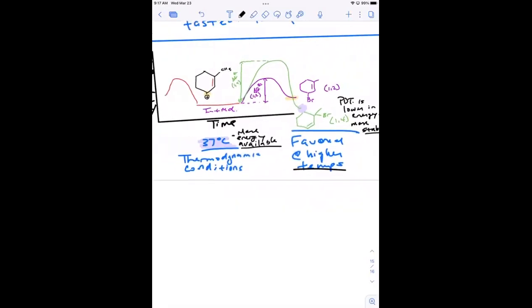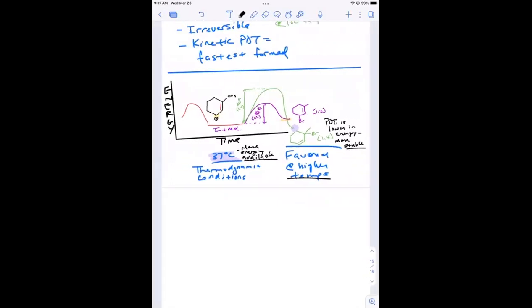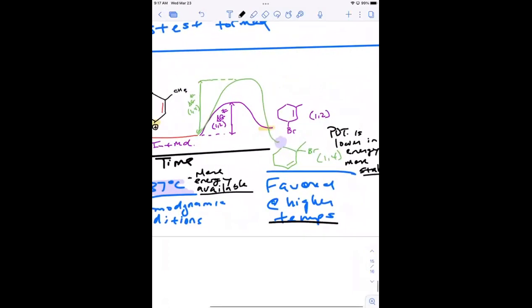So the activation energy is not as much of an impediment in this case because the temperature is higher, so there's more energy available. So under thermodynamic conditions, it's also reversible.